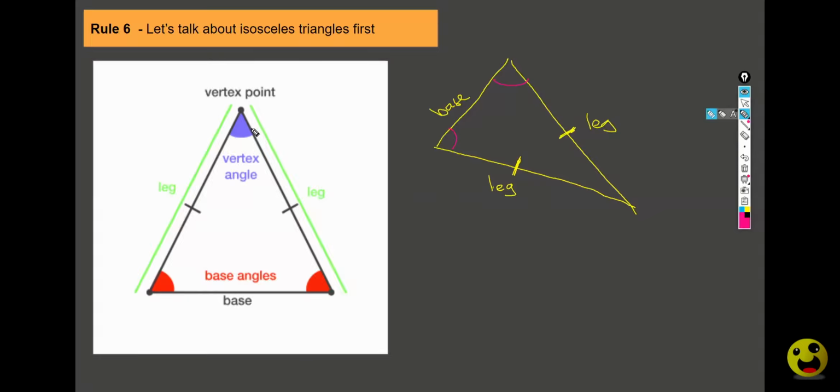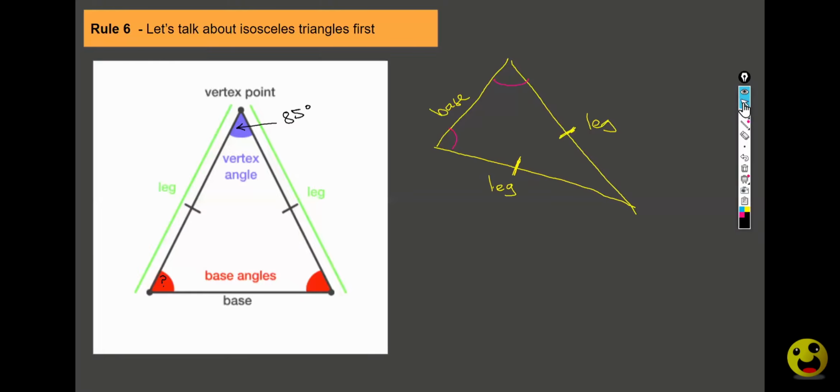So let's assume for my first question, this blue angle over here, in the vertex where the two legs meet, let's assume that angle is 85 degrees. I want you all to calculate the size of one of the base angles very, very quickly, right?